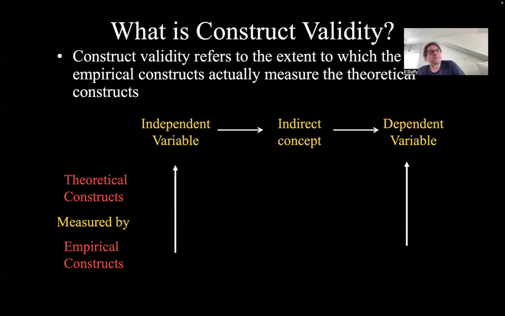And it's 26 questions. I mean, do I think that you can distill a person's complex psychology down to 26 questions? Does it cover all aspects of the theoretical construct of self-efficacy?